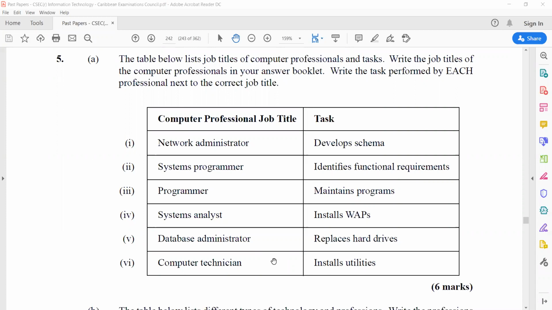So one technique you could use in your exam is to try to identify the ones that make sense or are blatantly correct, right? So which task and job professional would you say is the next easier one to address? What would you identify as the correct pair next?